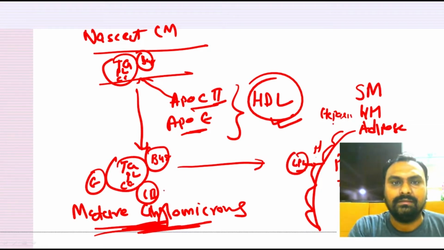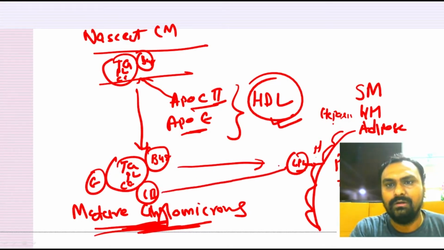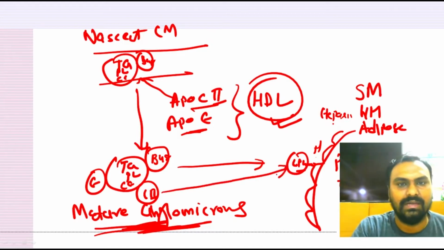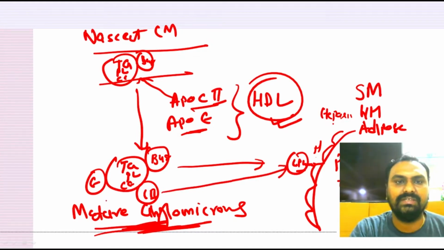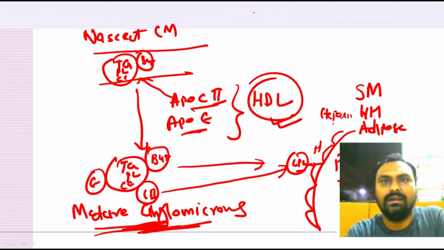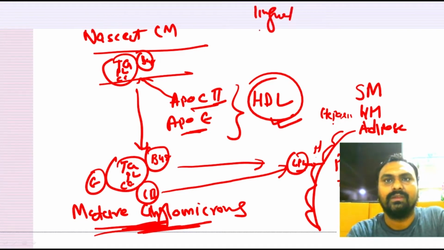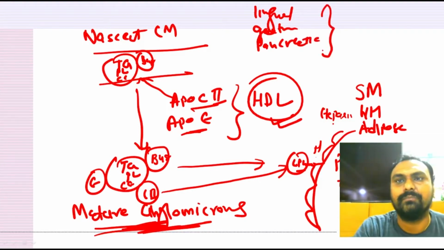And once this mature chylomicron comes to the capillary, the ApoC2 of the mature chylomicron will activate lipoprotein lipase. This is frequently asked: which apoprotein will activate the lipoprotein lipase enzyme. We have already learned about the lingual lipase, gastric lipase and pancreatic lipase in digestion and absorption of lipids.